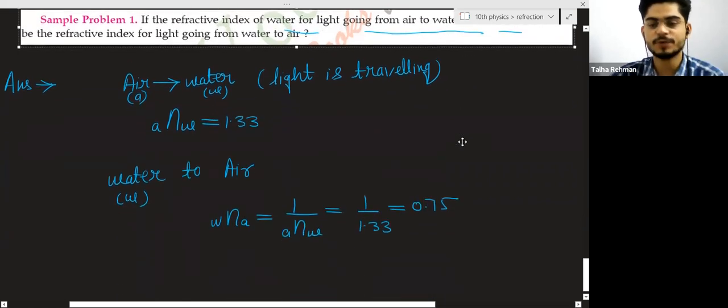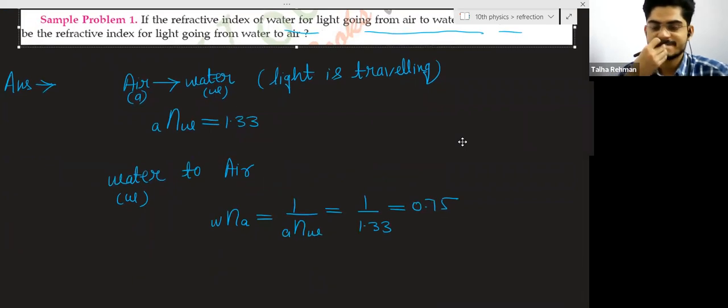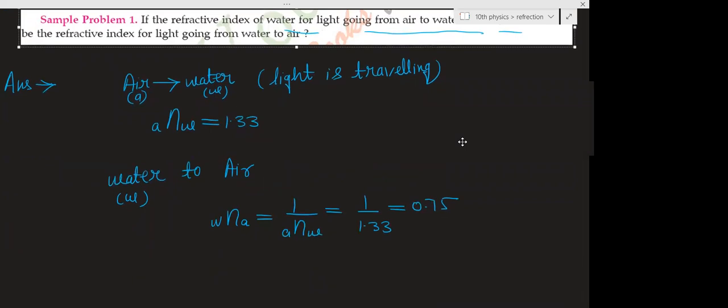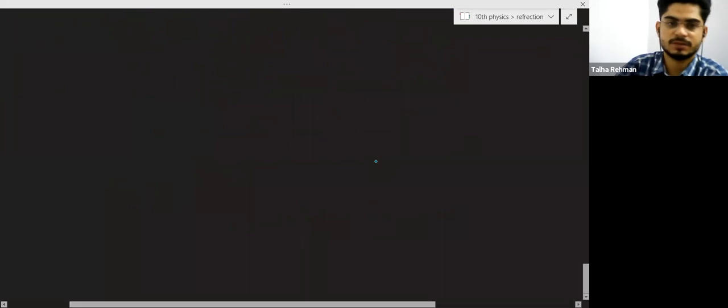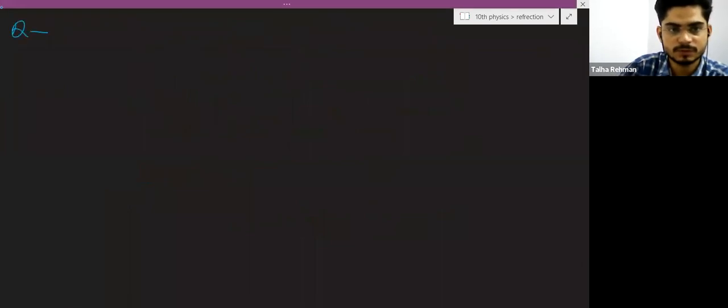So if you have any type of confusion, you can ask me. No doubt. So then I am just giving you one question. Suppose the refractive index of medium 2 with respect to 3 is given.